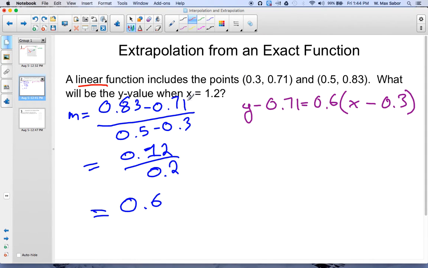So how do we find out what the value is when x equals 1.2? Well, we just substitute in 1.2. Pretty straightforward.